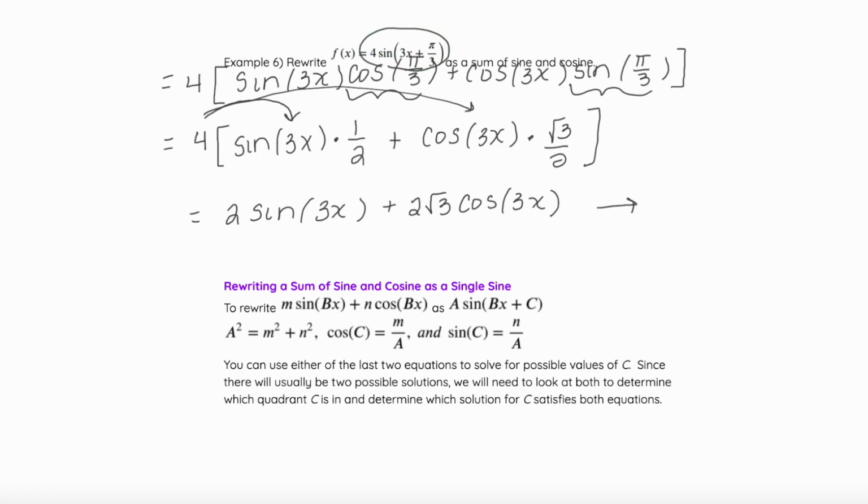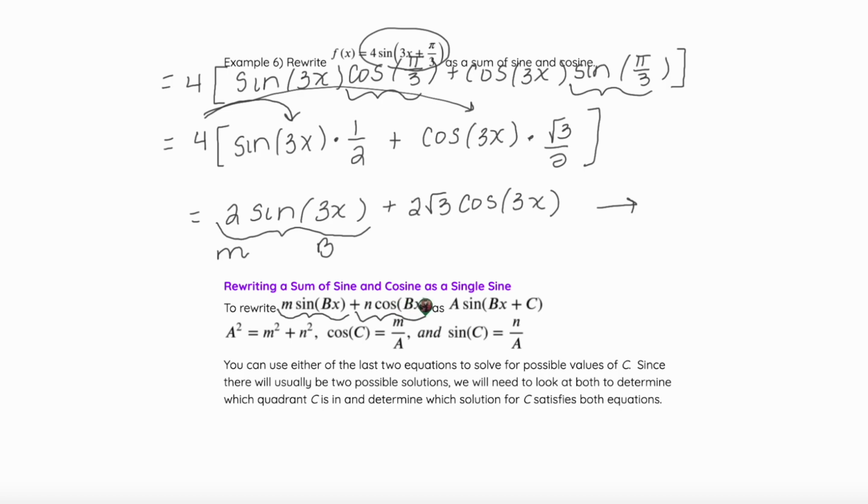So there are some things that we can notice within the portion down below. So it says to rewrite m times sine of bx. So notice how this first term pairs with the first term here. So 2 would be our m value, and our b value here would be 3x, plus n times cosine of bx.